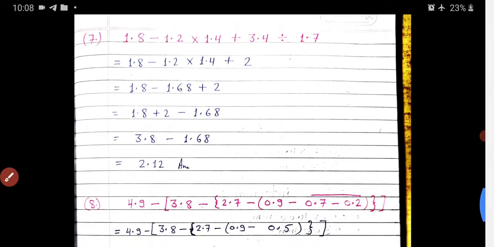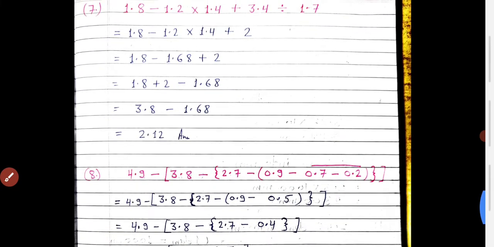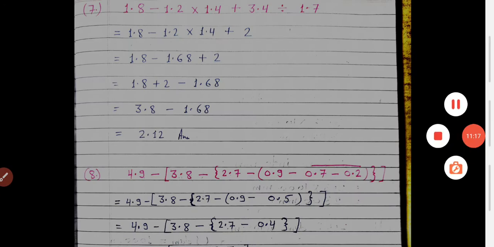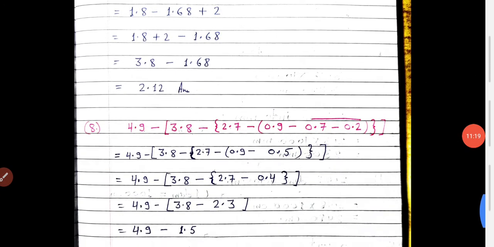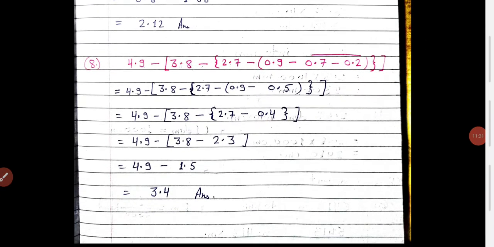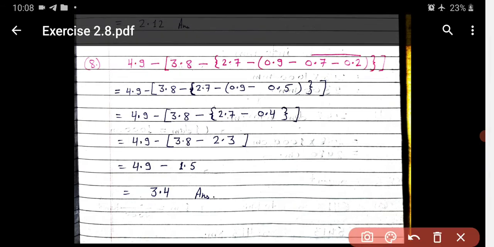Okay. Now come to the last question of this exercise. In the last question, 4.9 minus 3.8, and so on. There are many brackets. Now I am telling you which bracket you have to solve. First you have to solve the small bracket, then the curly bracket, then the straight bracket. And what is the meaning of bar?